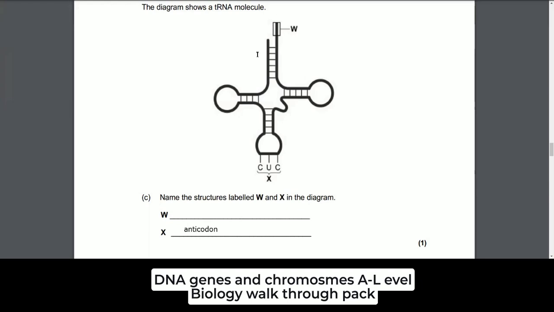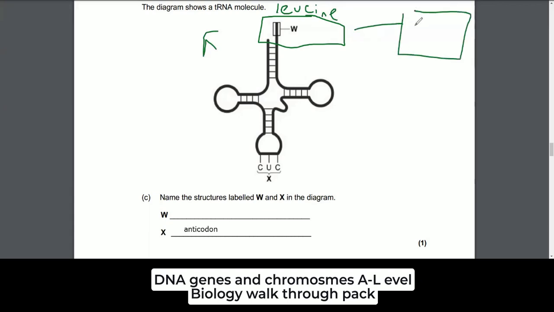Now, name the structures labeled W and X in the diagram. So W, what is W? What attaches to W? Well, W is where it's going to carry the amino acid. Obviously, the tRNA will leave leucine behind, and leucine will be bonded by a peptide bond to another amino acid. So this is being brought down. What we call W is the attachment site or the binding site. So it's the amino acid binding site.